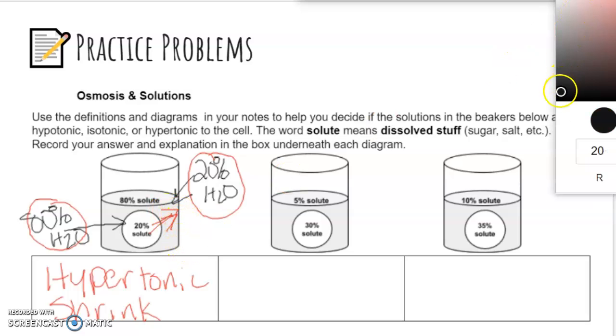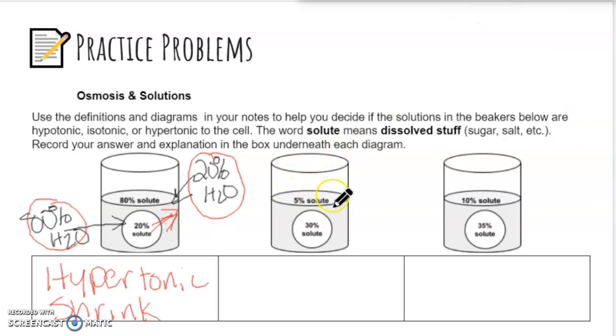All right, let's take a look at our next one. We have 30% solute here, which means that in this cell, 30 plus what equals 100? That means that I've got 70% water. Remember, the solute is the dissolved stuff. And in this solution, I have 95% water because we have 5% solute. So 5 plus 95 equals 100. 70 plus 30 equals 100.